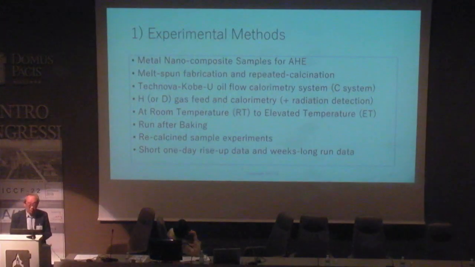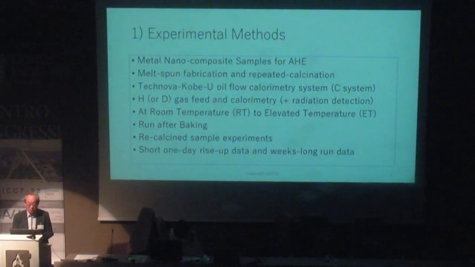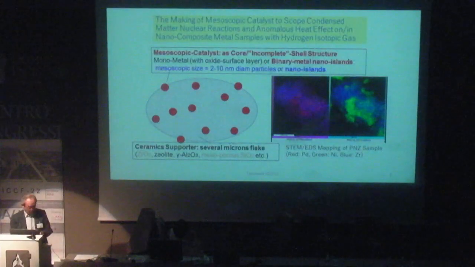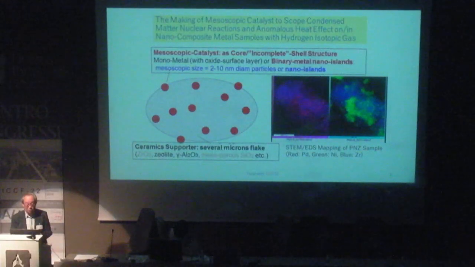And I'll show some short one-day rise-up data of experiment and weeks-long run data soon after. This is how to make a sample. I have shown this several times in the last conference, so I will omit it. Inside the ceramics, we make so-called nano islands of nanocomposite sample, mostly nickel-based, but with some minor metal like palladium or copper in our case.